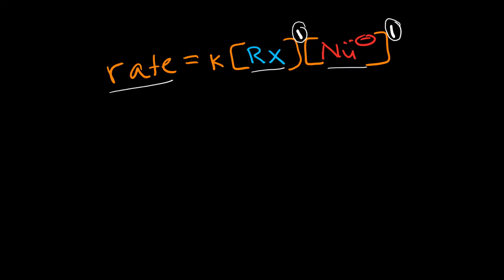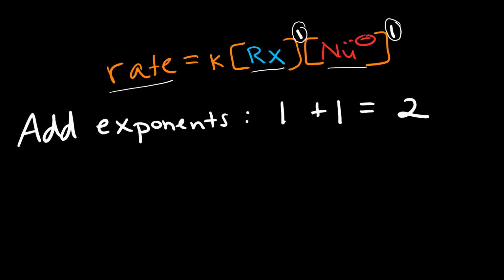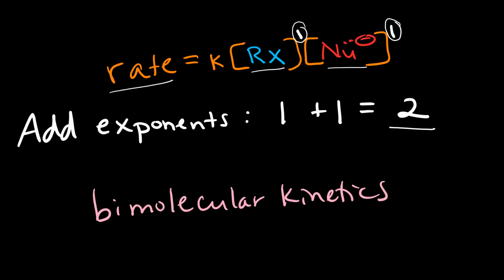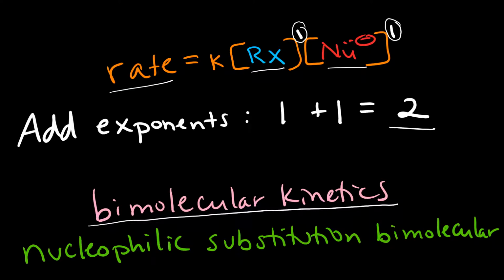They're both involved. And so we add the exponents together to come up with a 2, and therefore we say that the rate law exhibits bimolecular kinetics. And therefore we call this reaction a nucleophilic substitution bimolecular, or an SN2 reaction.